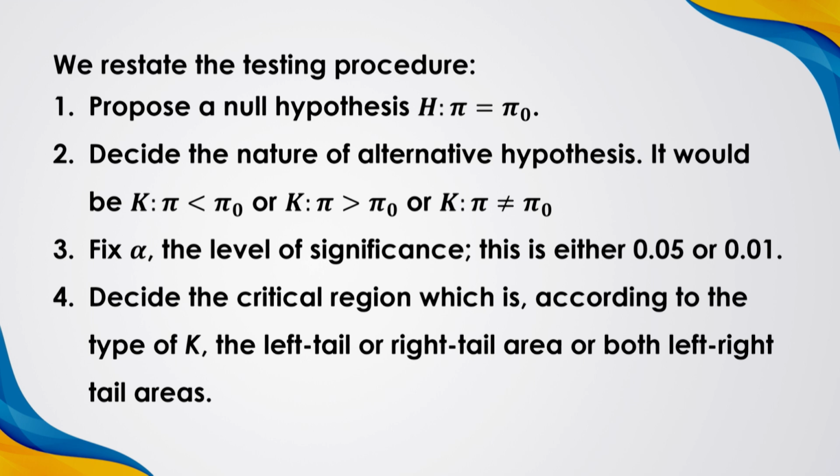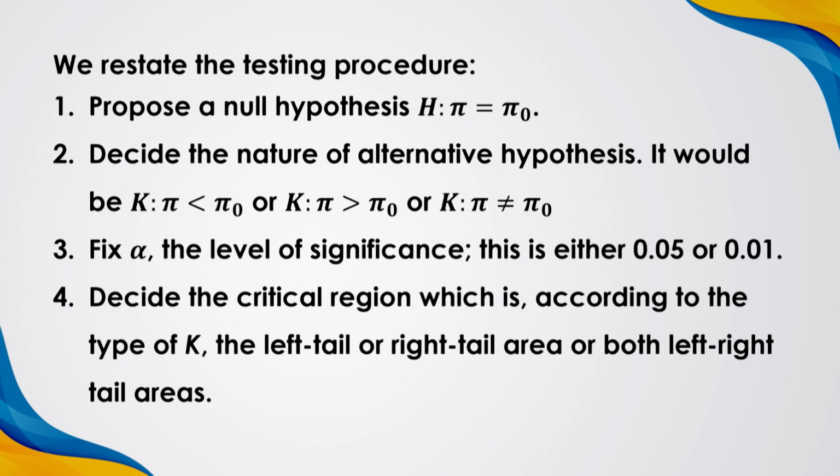We restate the testing procedure for population proportion. Propose a null hypothesis H: pi equal to pi suffix 0, where pi suffix 0 is the value proposed. Decide the nature of the alternative hypothesis. It could be pi less than pi 0, or pi greater than pi 0, or pi not equal to pi 0.